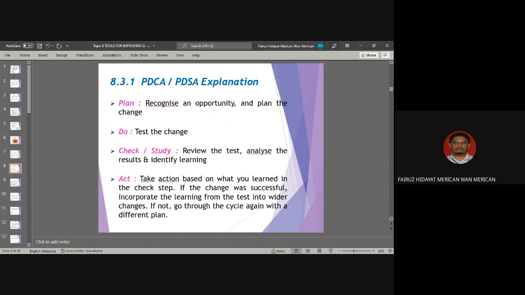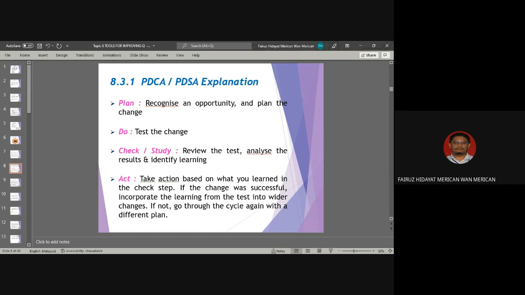So the plan here refers to recognizing an opportunity and planning the change. When you say recognize an opportunity, it means that the company will need to recognize the problem that they are facing or recognize an area that needs improvement. So whether it is a problem or an area of the company that needs improvement, these are opportunities.